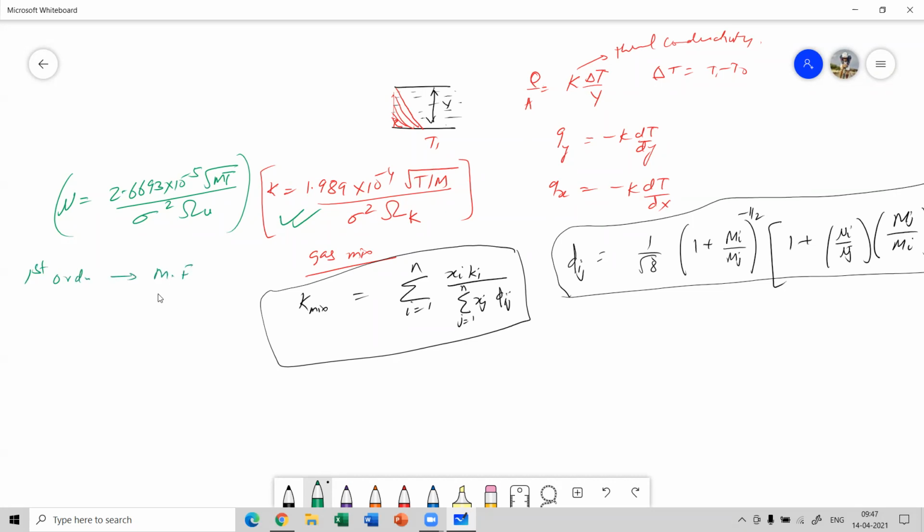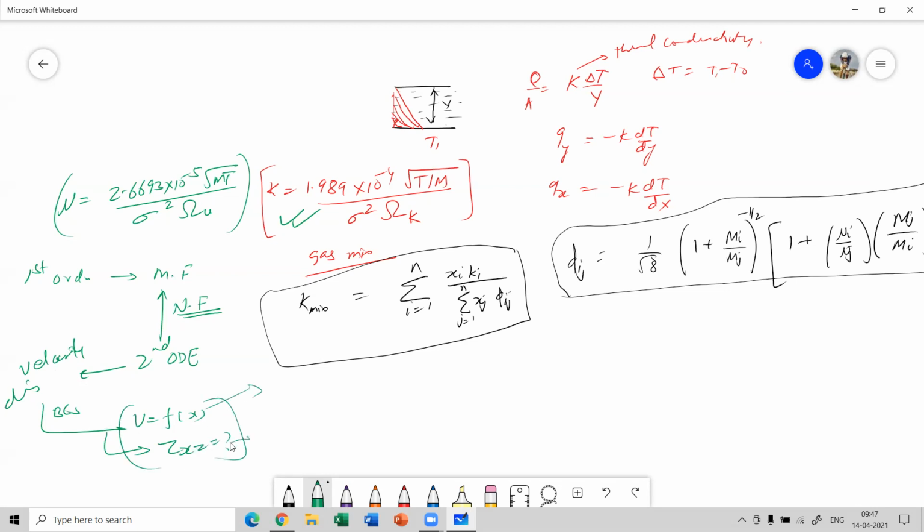Then we introduce the Newtonian or non-Newtonian character of the fluid, and we derive the second order differential equation, which basically represents the velocity distribution. Then using boundary conditions, we had the velocity expression, and we also had the momentum flux expression. Then these expressions can be used to derive the maximum velocity, average velocity, volumetric flow rate, and so on.